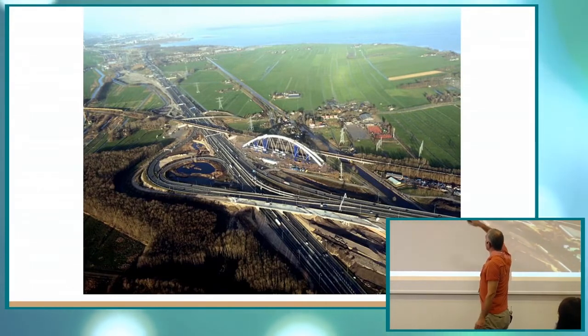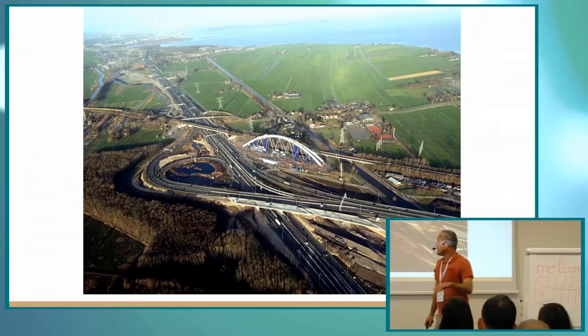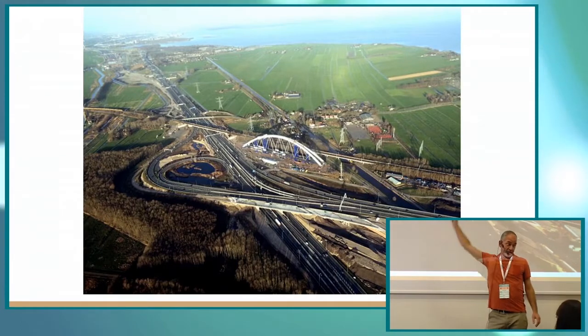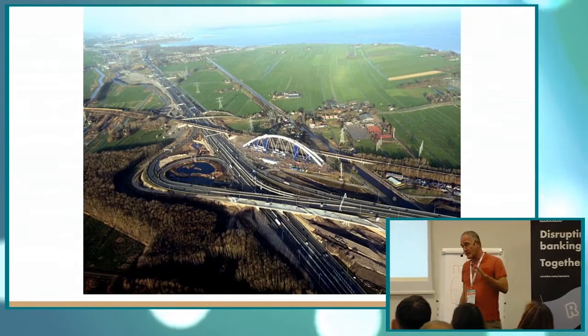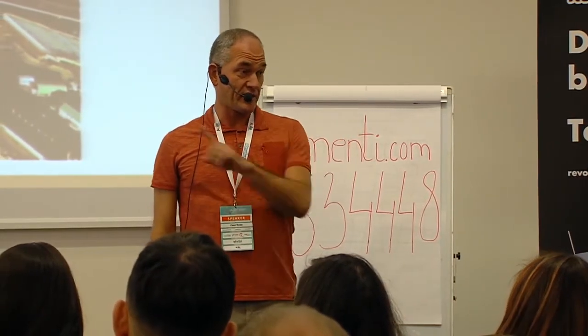It's not connecting anything, it's not bridging anything. This here is one of the busiest roads in the Netherlands. It had 6 lanes, and there was a traffic jam every day. Every day, some 140,000 cars pass this road.